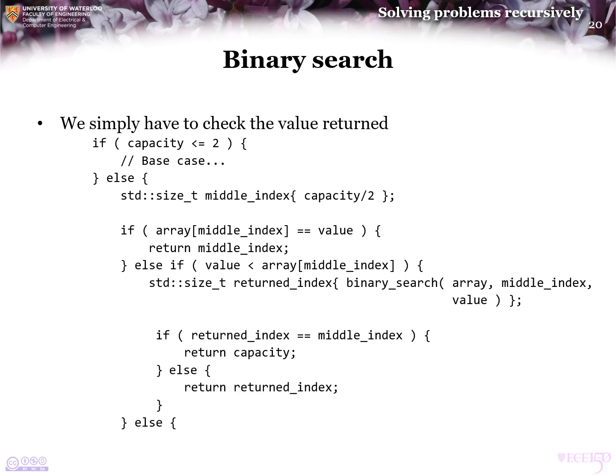Alternatively, if the value returned was between 0 and middle index minus 1, that means the value actually was found in one of those first entries. Therefore, we will just return whichever index was returned by the recursive call to binary search.